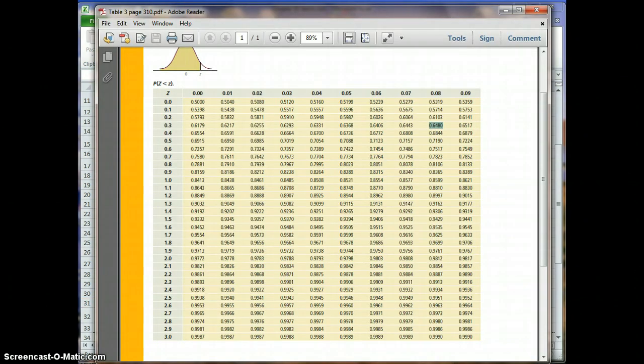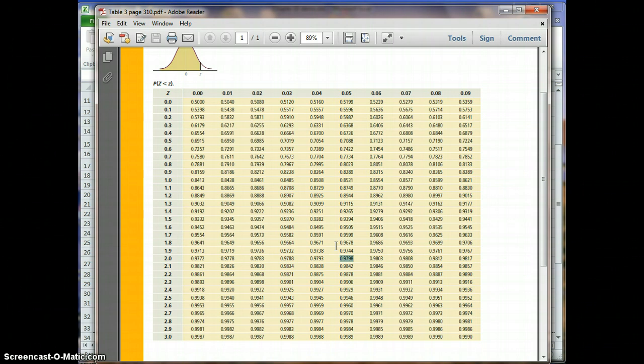So I'll bring up table 3 again, and it's got 0.9803 here or 0.9798, so it's kind of in between here.